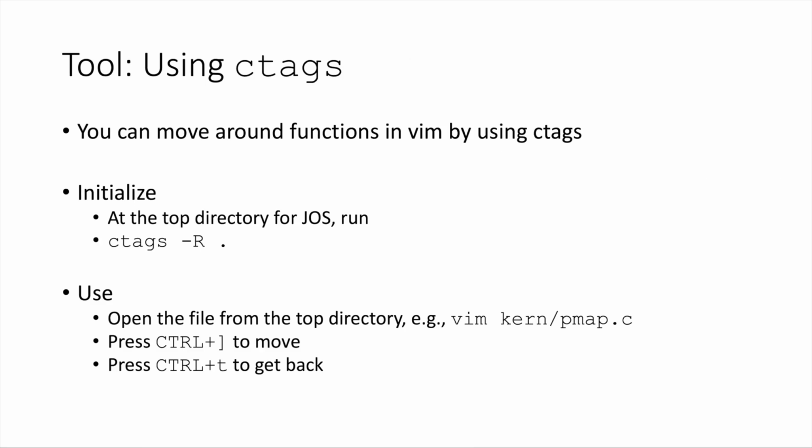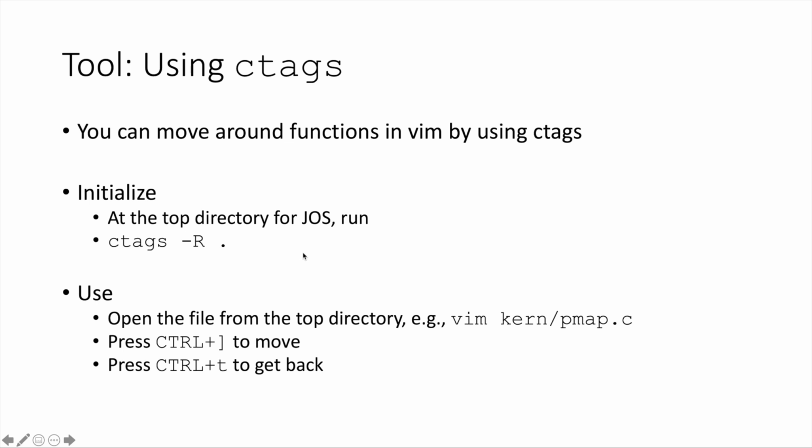Next is about introducing a new tool. There is a tool called ctags, and this enables you to jump over the code for selected functions and variables in the Vim editor. To initialize tags with your code, you need to run the command ctags -R . at the top directory of JOS.